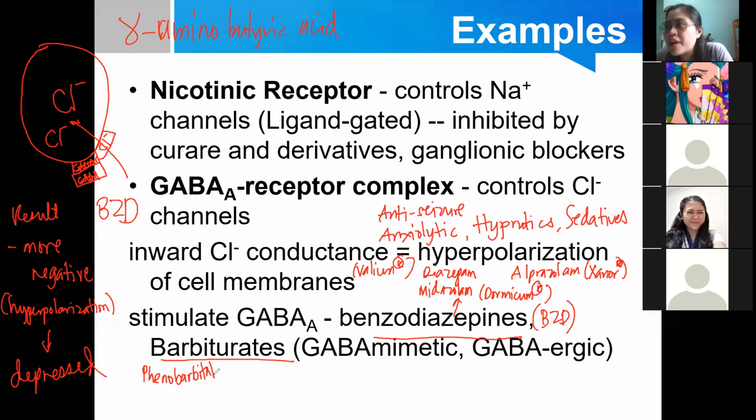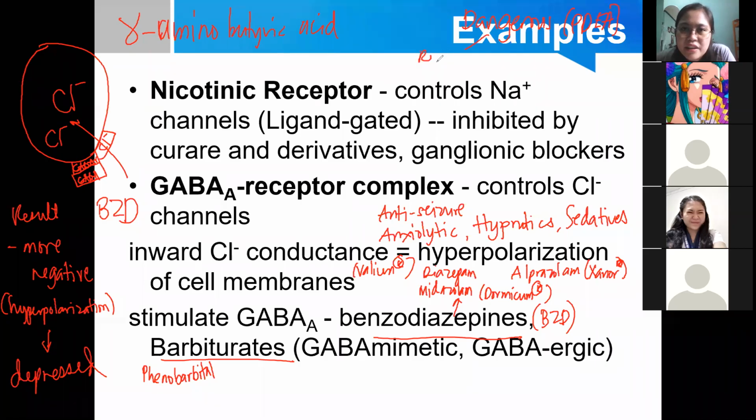But remember that this is not just a prescription drug. This is under the dangerous drugs. Okay? It is a dangerous drug. It is regulated by the PDEA. Again, they are regulated by the PDEA. There are two kinds of dangerous drugs.